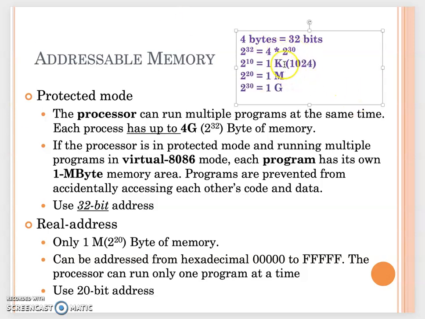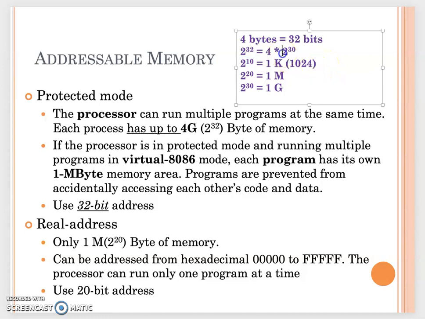We talked about before that 1K is 1000, which is 10 to the 3rd power. Megabyte is 10 to the 6th power. Gigabyte is 10 to the 9th power. In the binary system, 1K is 2 to the 10th power, because 2 to the 10th equals 1024, which is almost 1000.